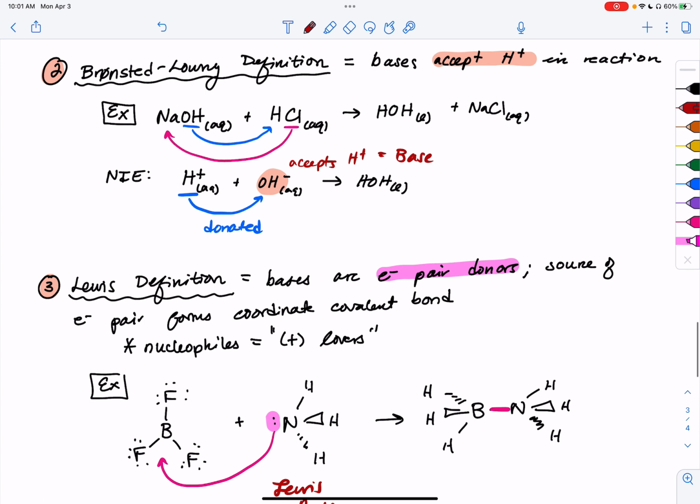So what bases do in reaction is they either accept acidic protons or they donate electron pairs.